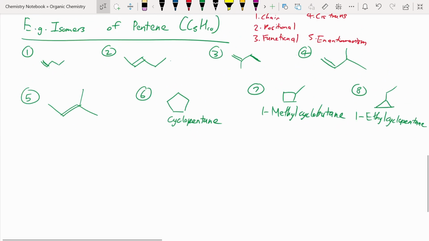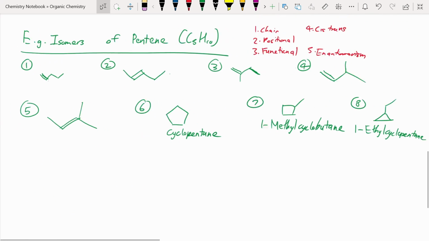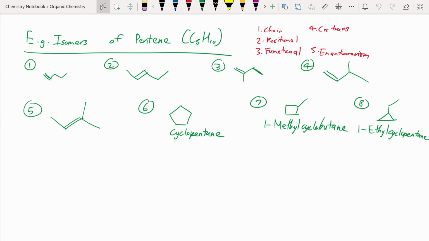So cis-trans, of all the molecules we look at the double bonds, because cis-trans only exists in the double bond. 5 cannot because it has 2 methyl groups. 1 cannot because it has 2 hydrogen groups. 3 and 4 have 2 hydrogen atoms on the same carbon. So this carbon and this carbon, they have 2 hydrogen atoms.